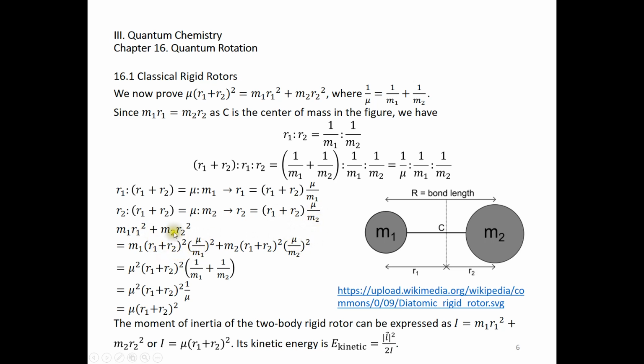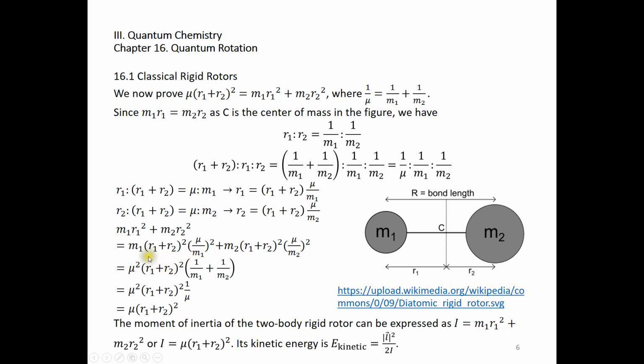Now we expand both terms like this. There is definitely a common factor, which is r1 plus r2 squared. We can see that here, and here. And also we see mu squared on top, mu squared on top. Therefore, the common factor is mu squared times r1 plus r2 squared.